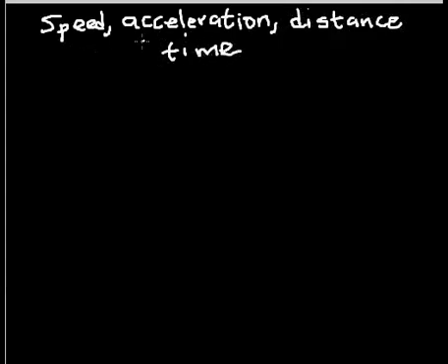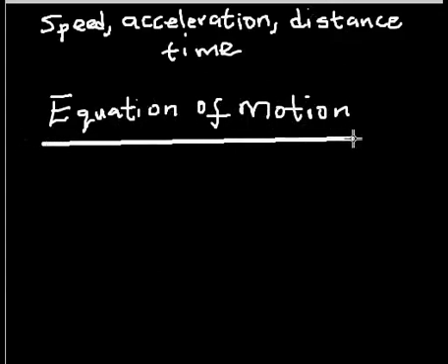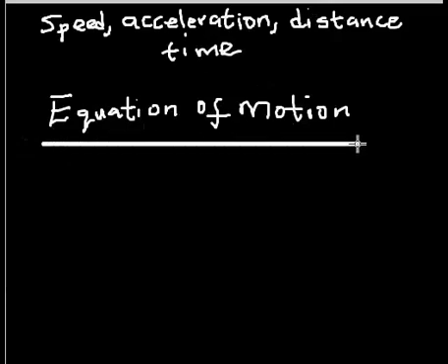All these parameters are related in an equation known as the equation of motion. Most times if you are asked to solve questions on motion, you always have to reference the equation of motion, it will help you.